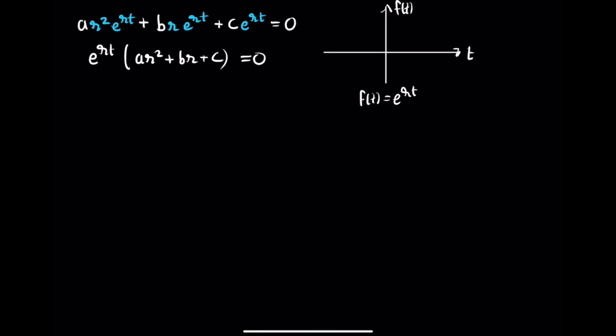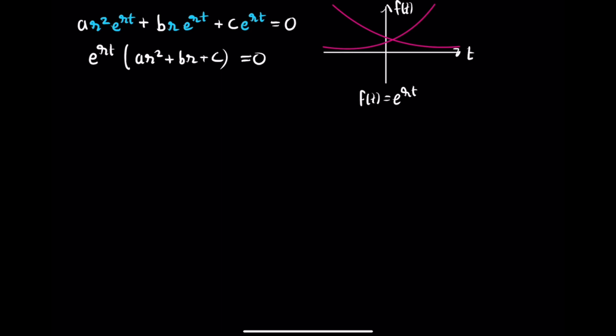And so whatever r is, it's going to look something like this, where you have some exponential function. But you don't know what it is because we don't know if r is positive or negative.